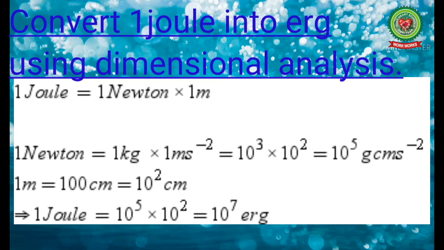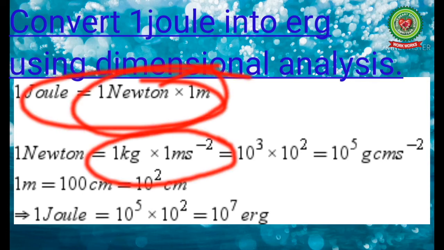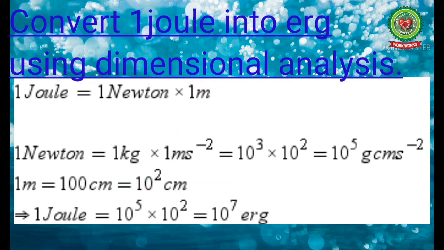Let's take an example. Convert 1 joule into erg using dimensional analysis. Students, as we know, work done is equal to force into distance. According to the formula, 1 joule becomes equal to 1 Newton into 1 meter. As force equal to mass into acceleration, therefore 1 Newton becomes equal to 1 kg into 1 meter per second square.